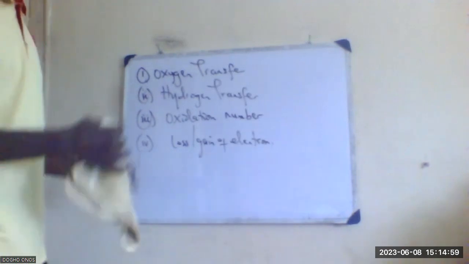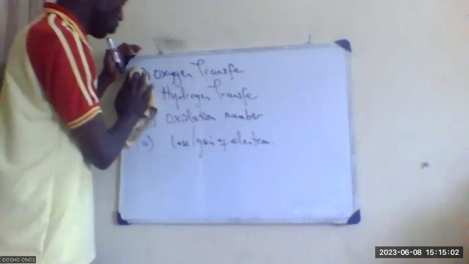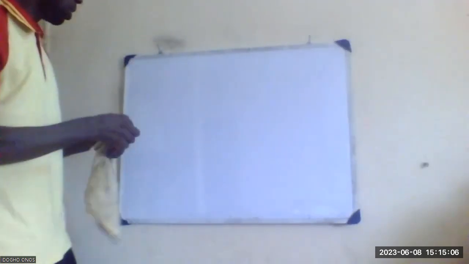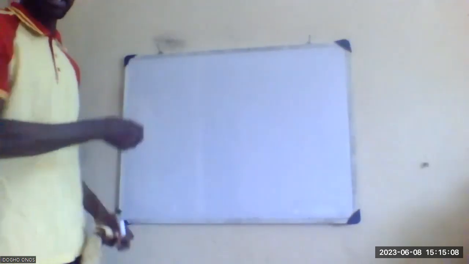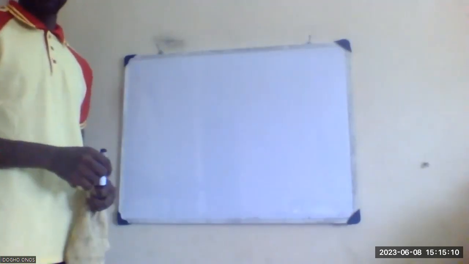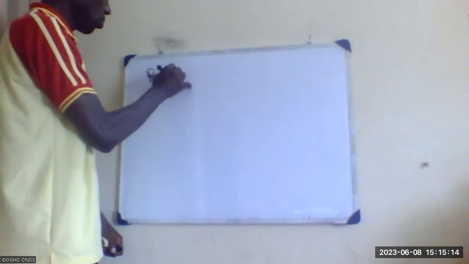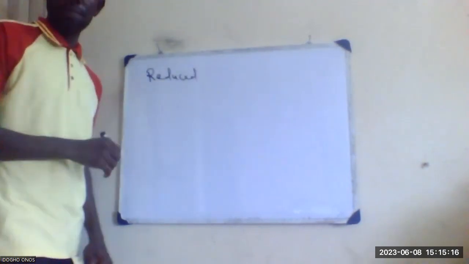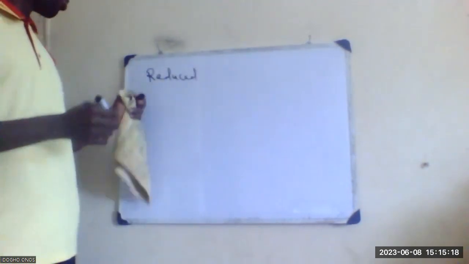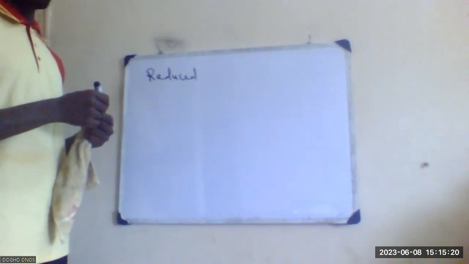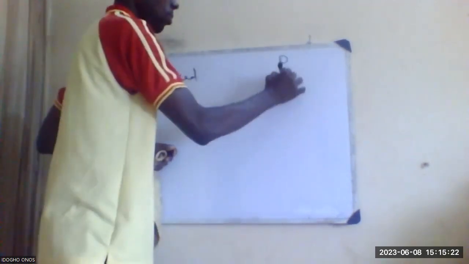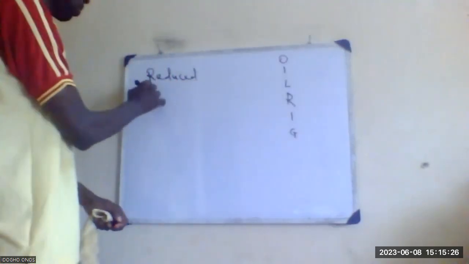Yes, sir. Okay, thank you. So, a general definition of a redox reaction, irrespective of these various headings, is this: a redox reaction is a reaction in which one species is reduced while the other is oxidized.